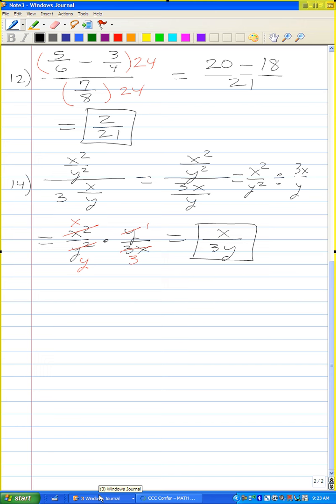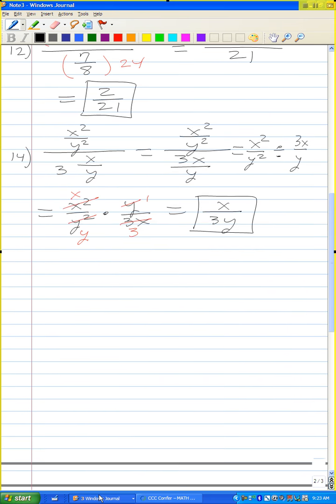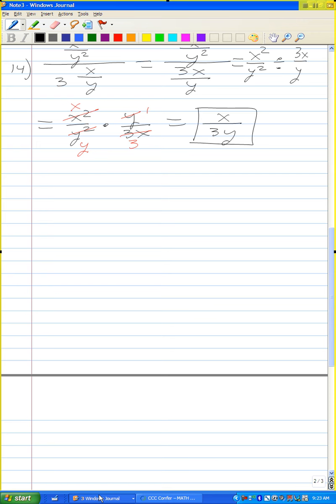Let me do problem number 24. One over x plus 1 over y, divided by 1 over y squared minus 1 over x squared.